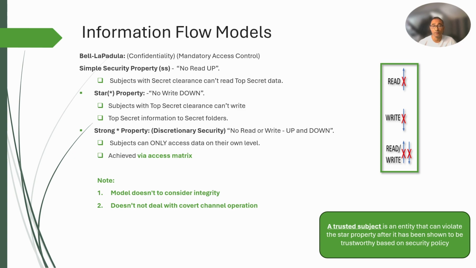Then we have the star property, which actually means no write down. This is to do with the fact that a subject with the top secret clearance cannot write down, which means you do not want to have the information being muddled from top down, where there is no clarity, or where the level of information that is required to understand a given data does not exist.